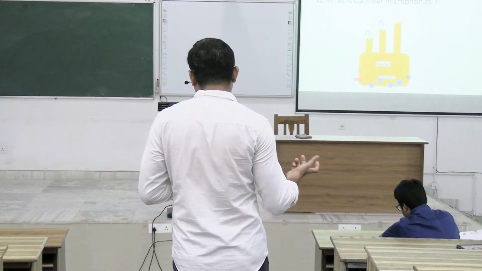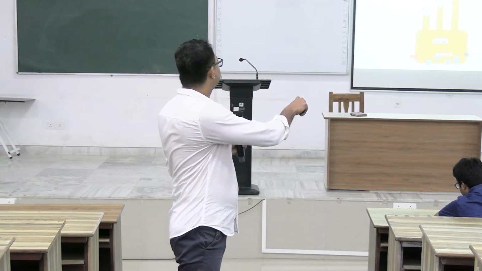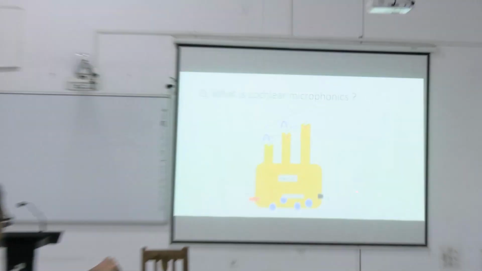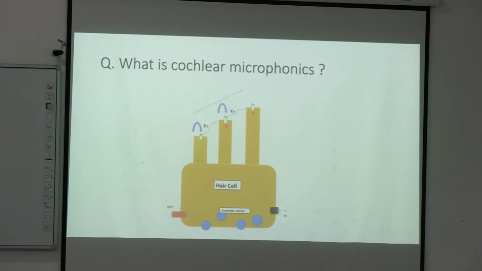Even in a silent environment, these potassium channels are partially open. Some potassium enters through the cilia and exits through the leak potassium channel at the base of the hair cell, so there is a slight current flow in the hair cell, but it cannot be recorded from the outside.